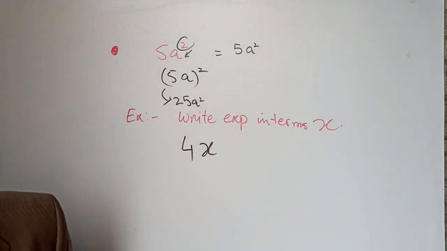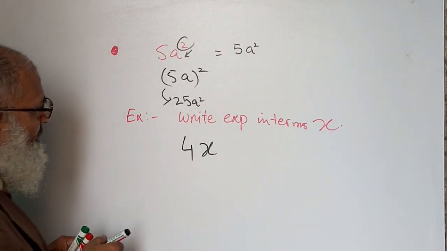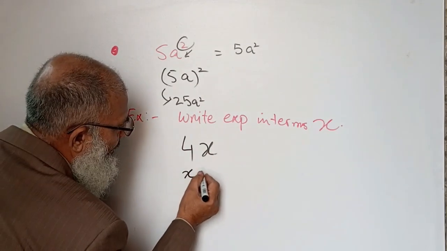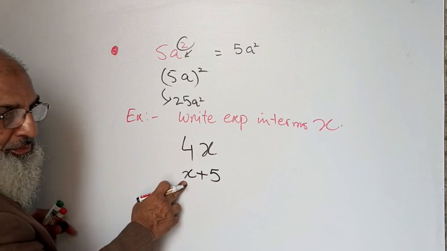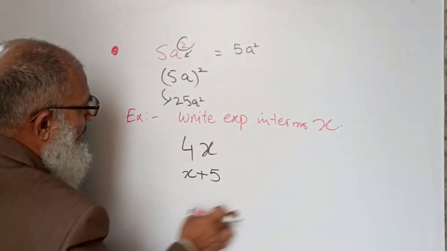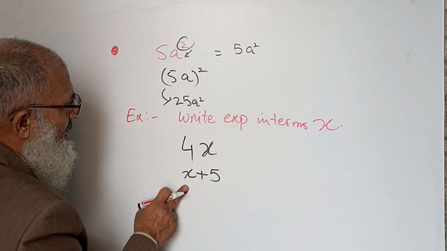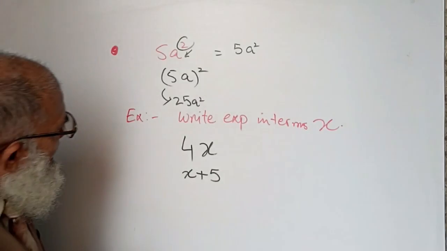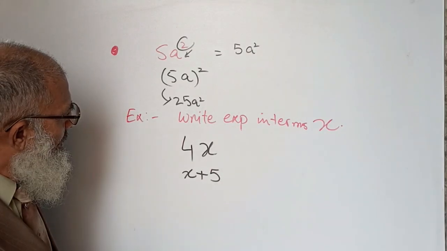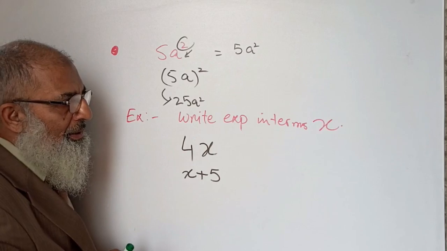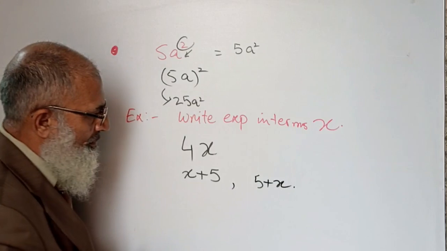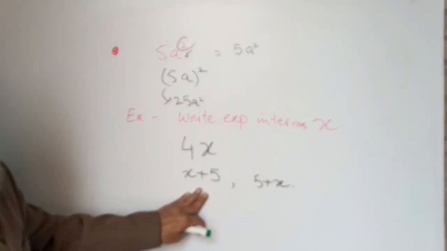The next is the sum of the number x and 5. Now x is the variable which is already given in the example. So the number and 5 are the sum. You can also write it in this way, 5 plus x, but I like this one.